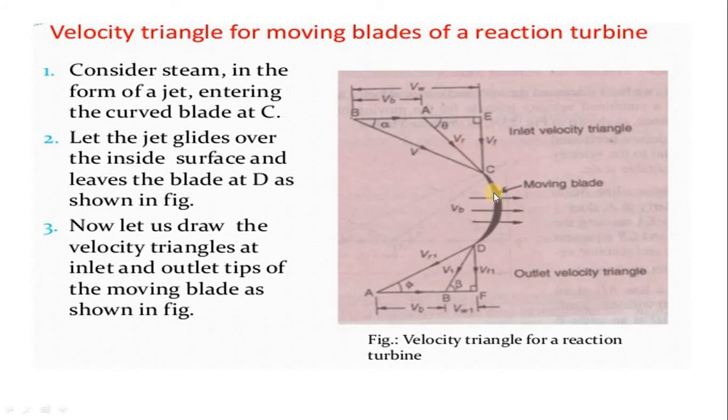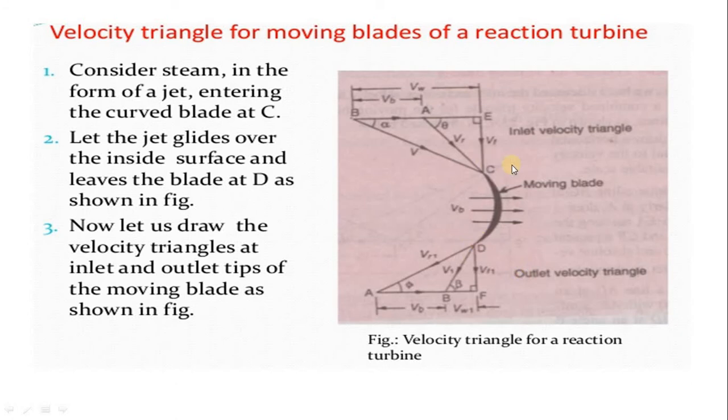Vr indicates relative velocity at inlet, Vr1 indicates relative velocity at outlet. Vw stands for whirling velocity, that is the changing velocity after converting from absolute to relative. Vw is the whirling velocity at inlet, Vw1 is the whirling velocity at outlet.